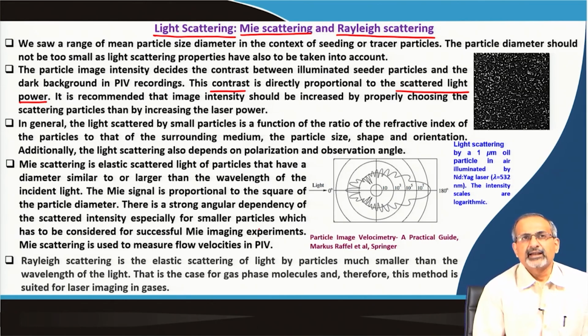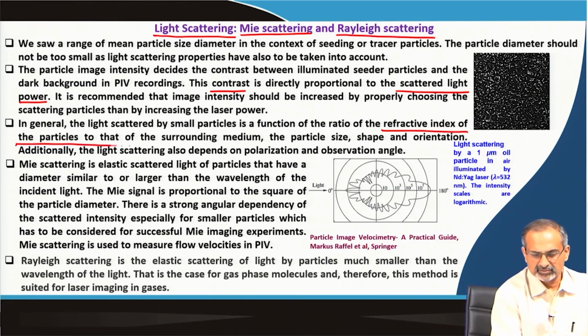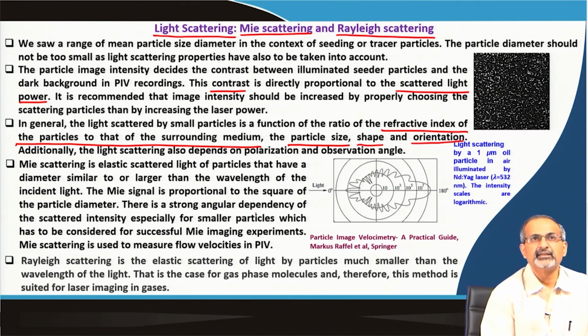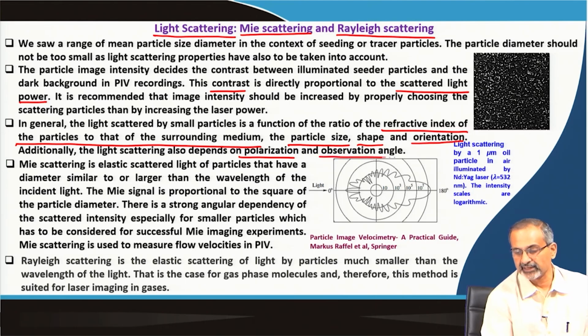In general, the light scattered by small particles is a function of the ratio of the refractive index of the particles to that of the surrounding medium, the particle size, the shape and their orientation. Additionally, the light scattering also depends on polarization and observation angle. So, there are many factors which could influence.